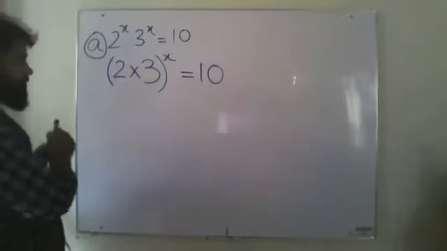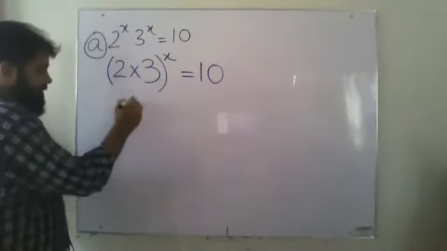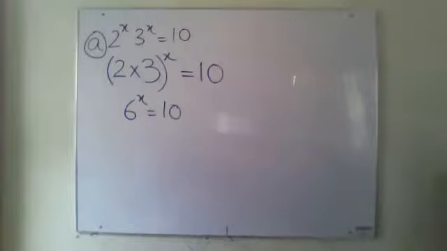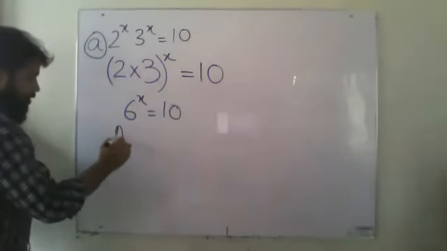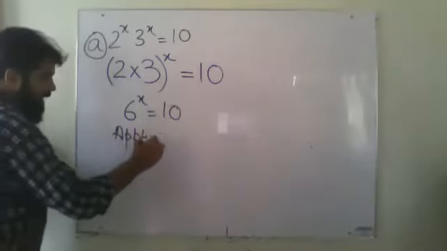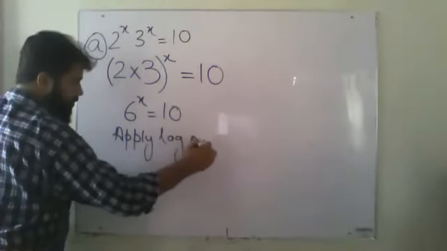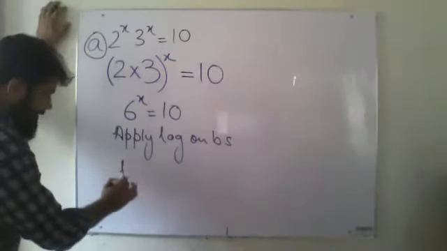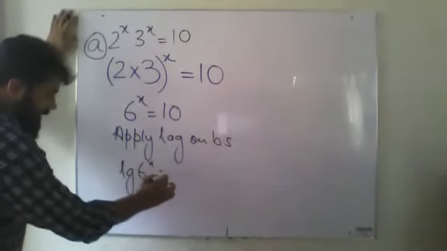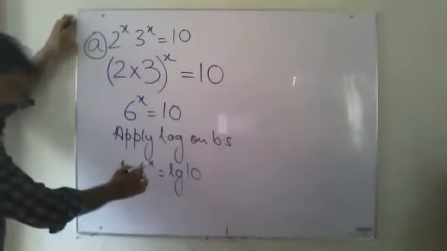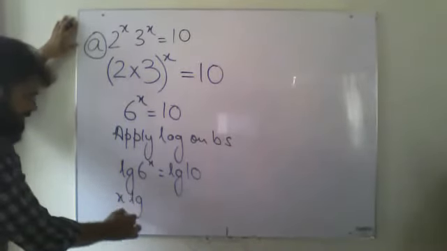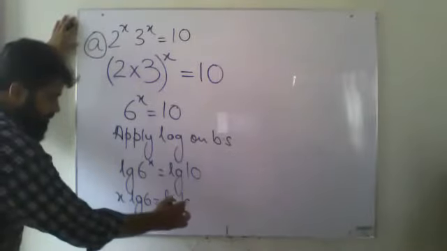After this, 2 threes are 6, so 6 to the power x equals 10, and after that I will apply log on both sides. Over here no exponential is given, so I am going for lg. lg 6 to the power x equals lg 10. A power inside a log is written before the log: x lg 6 equals lg 10.